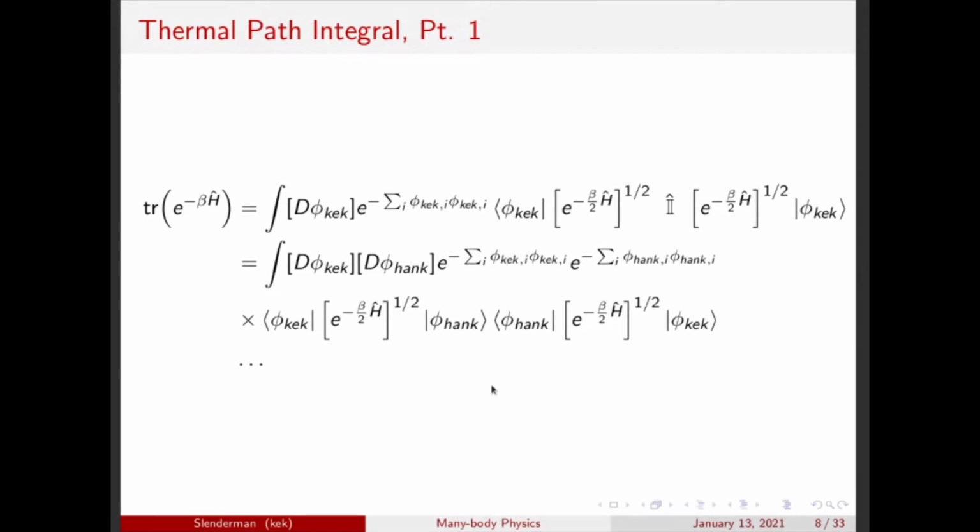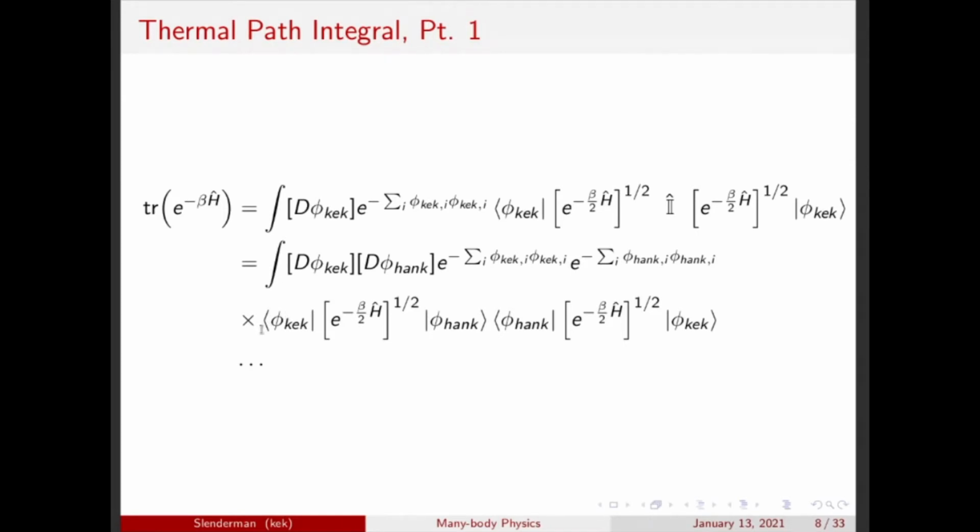So I have d phi kek, d phi Hank, and I have the necessary overlap terms in the resolution of identity for phi kek. I have the same necessary overlap terms for the phi Hank variables.